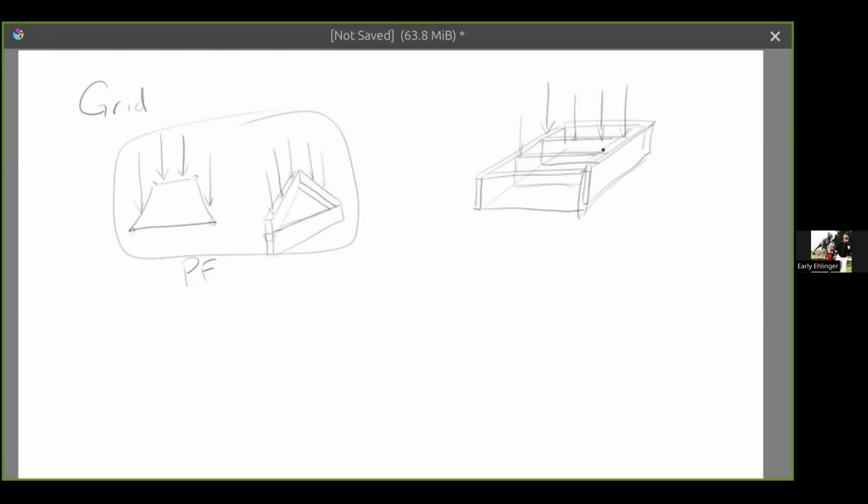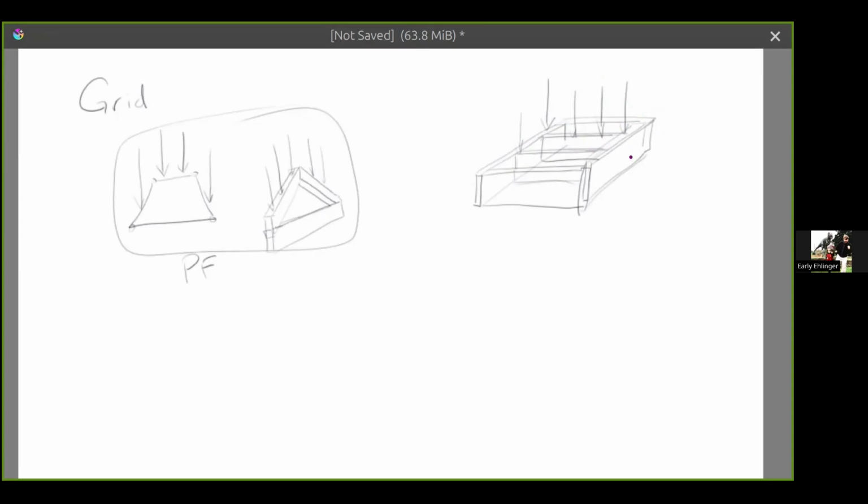And twisting for a grid has to be applied not like that, but like that as well. What that means is grids and plane frames are basically the same thing, except that forces are applied orthogonally in a grid.